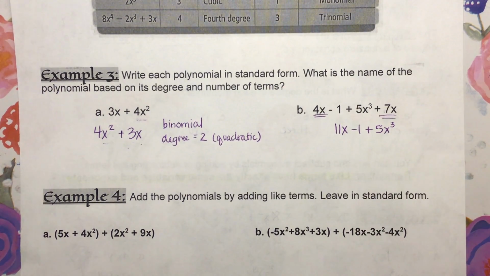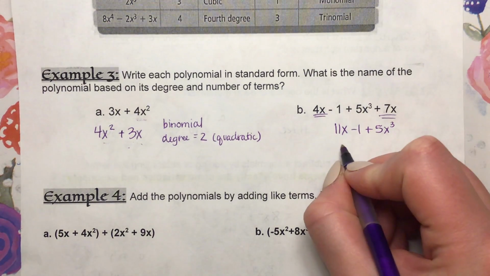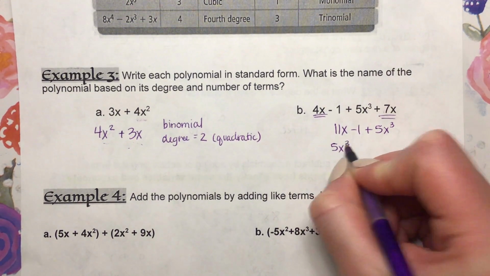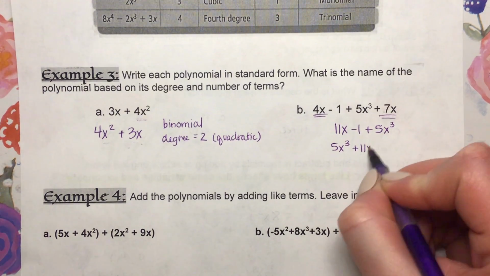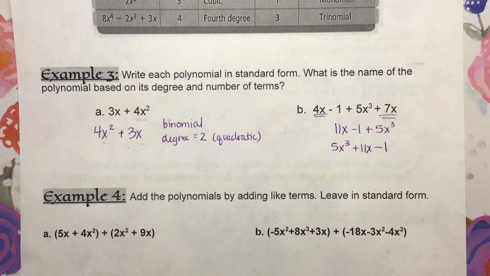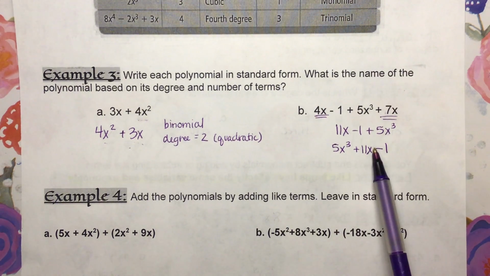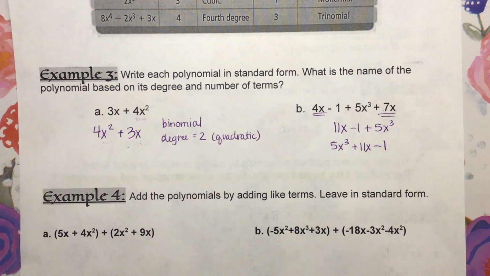Now it's time for me to put this in standard form. So you're going to put the term with the largest exponent first and then go down in descending order. So I have 5x cubed plus 11x minus 1. Notice the exponents on the variable are decreasing from left to right.